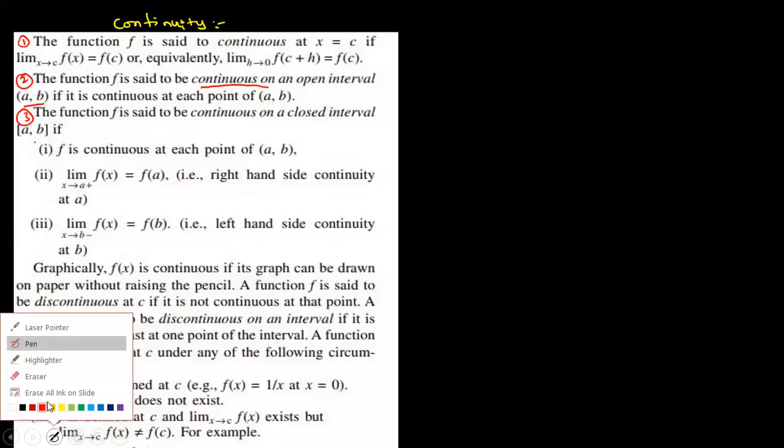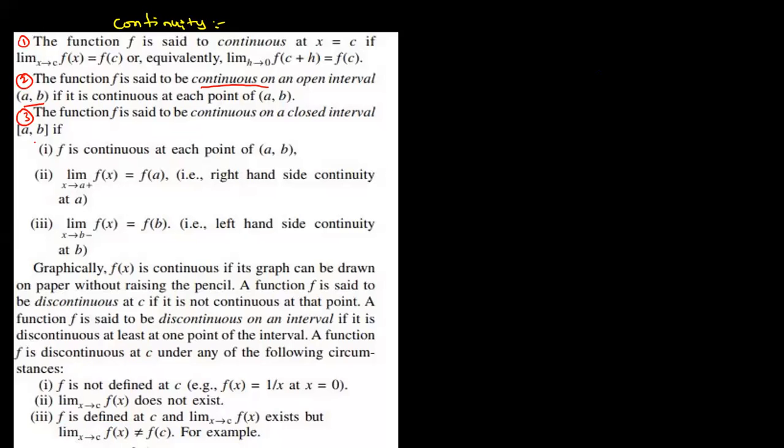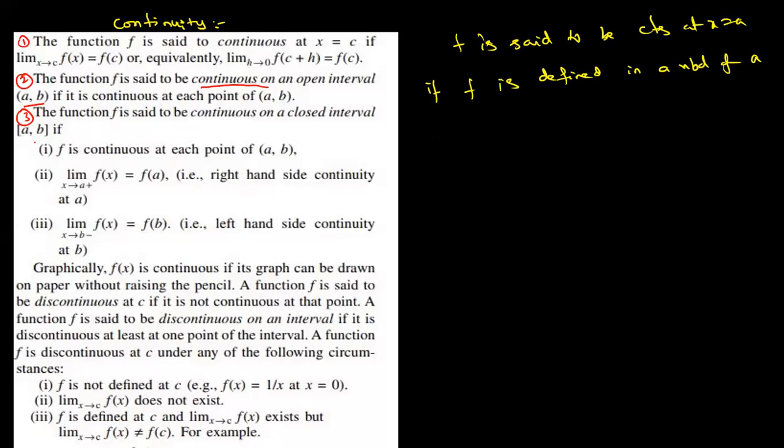Dear students, for you I'm writing another way. What does continuous mean here? f is said to be continuous at x equal to a if f is defined in a neighborhood of a and the limit as x tends to a of f of x is equal to f of a.